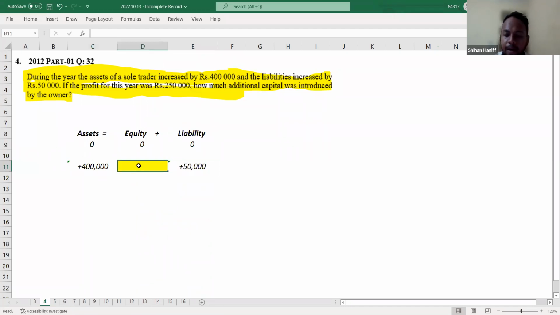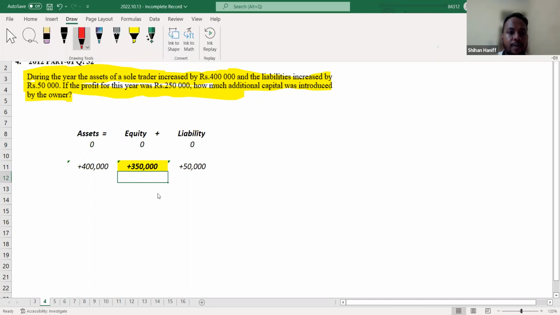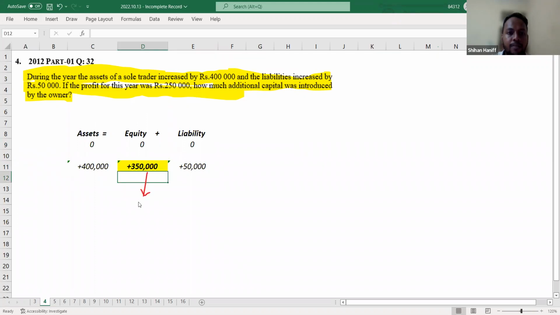Then this is increased by how much? 350,000. Increased by 350. Then the profit part is 250,000.